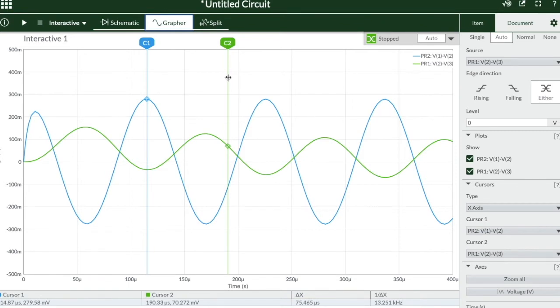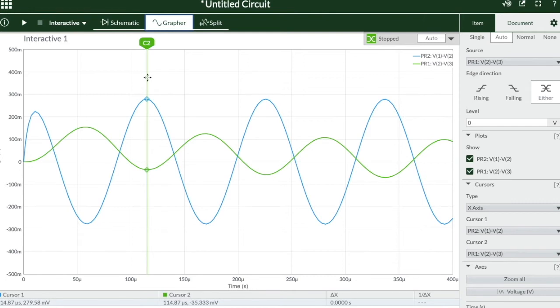Now let us bring cursor 2, which is going to read potential difference across the capacitor at the same time, 114.87 microseconds. This is the position of cursor 2 at 114.87 microsecond, which gives the potential across capacitor as minus 35.33 millivolt.